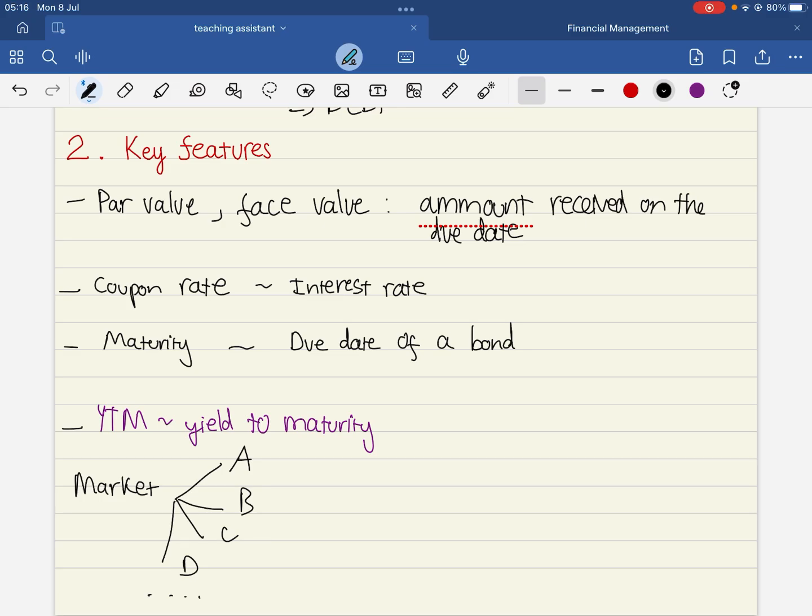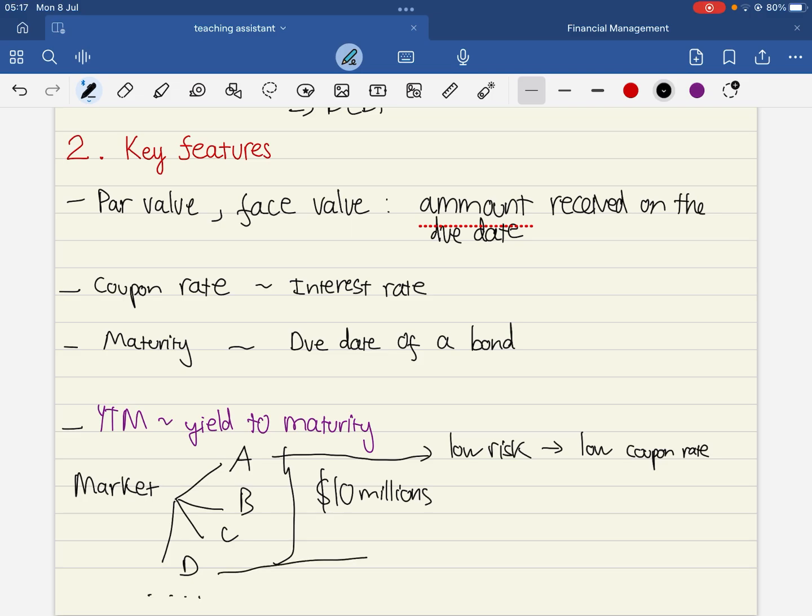Every firm may have different needs, but in this case, let's say all of them need $10 million. Depending on their ability to pay back the debt, each company will have to offer different types of bonds. For example, if company A has low risk, which means they can easily pay back the debt, they may offer a low coupon rate because they have low risk.